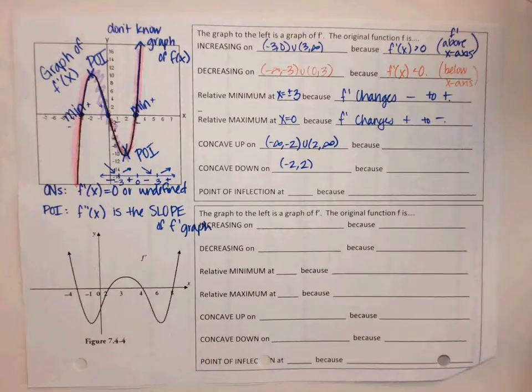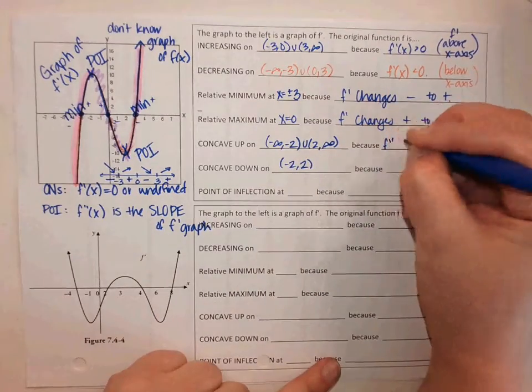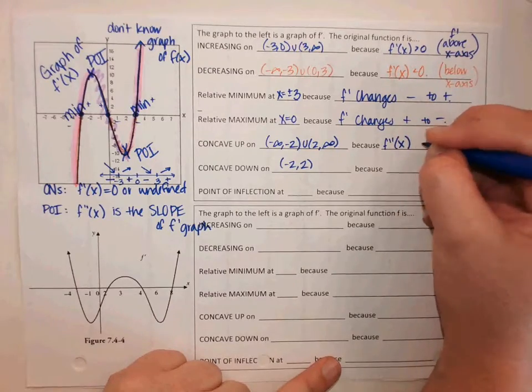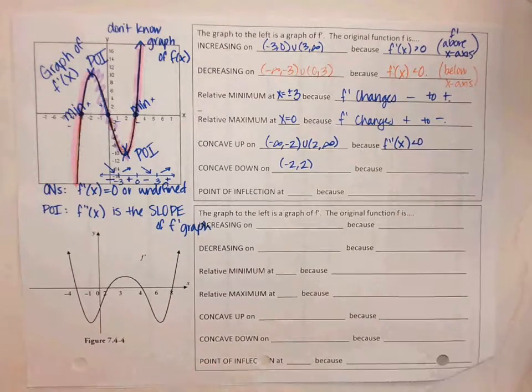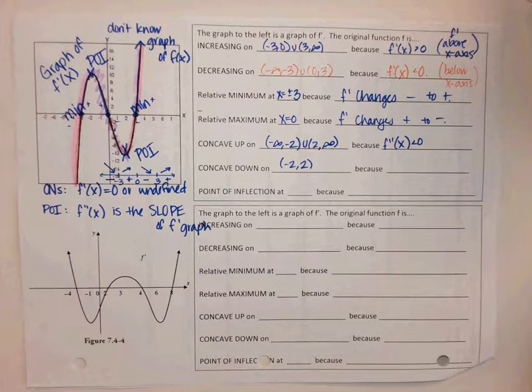Now, let's work on the because. I need to say that f double prime of x is less than 0. However, on the AP test, they're not going to accept this because you don't know f double prime. They didn't give you the equation and they didn't give you the graph.